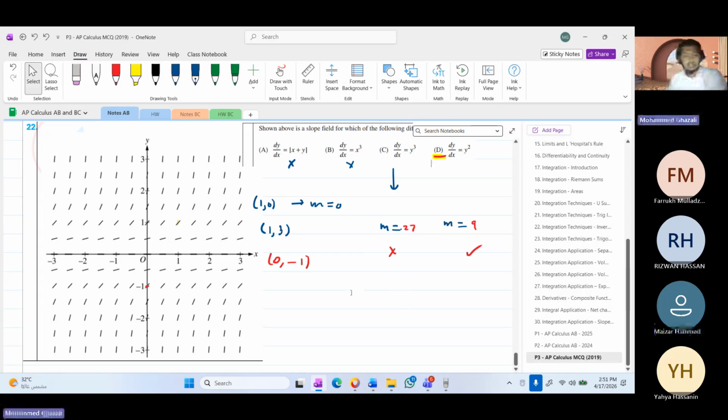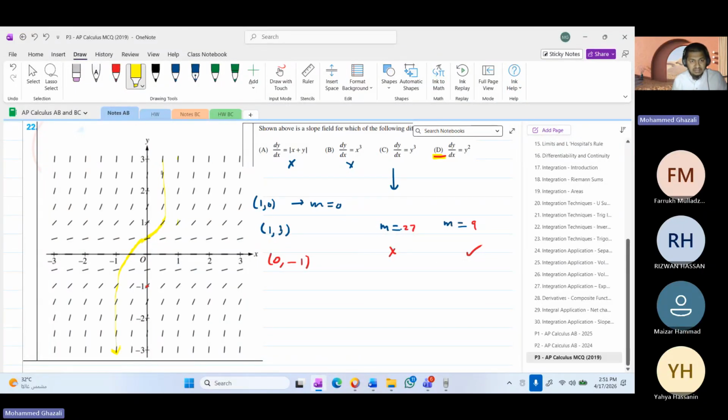Otherwise, what if they ask you to sketch a graph of the function? Look at the way these graphs are going. What graph can you best fit here?